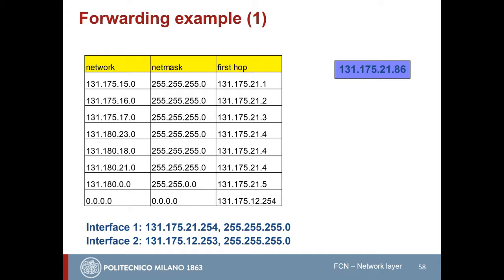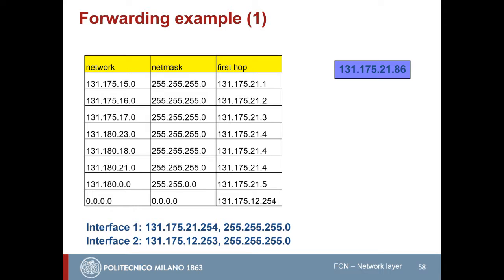Otherwise, the forwarding will be indirect, and the router will have to perform a routing table lookup using the destination IP address as a key to look into the table. In this case, the router has two interfaces. You can see here the configuration of the two interfaces: the IP address of each interface, and the net mask related to the network to which the interface is connected.